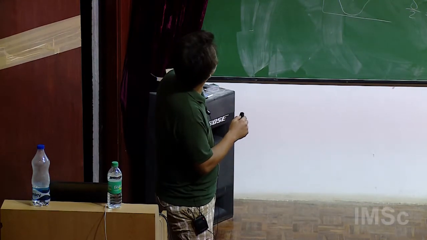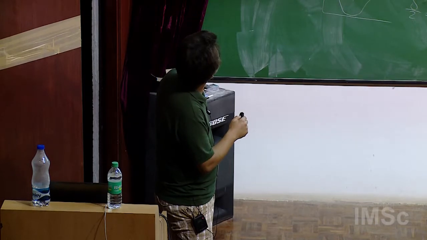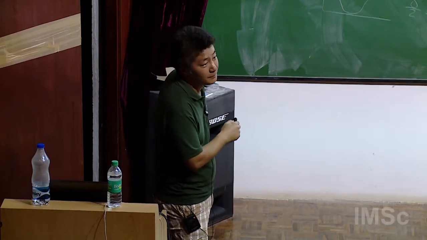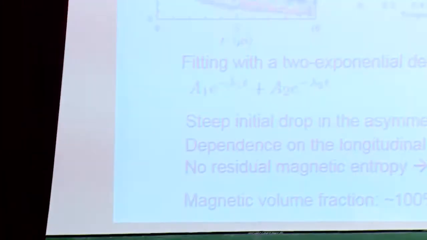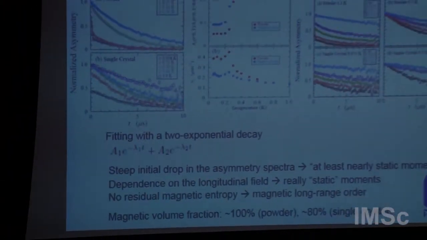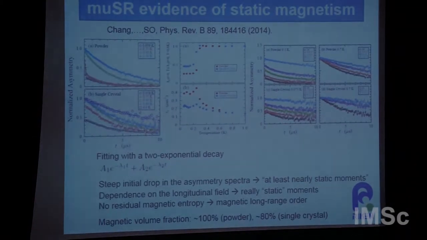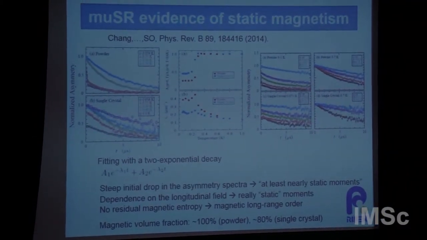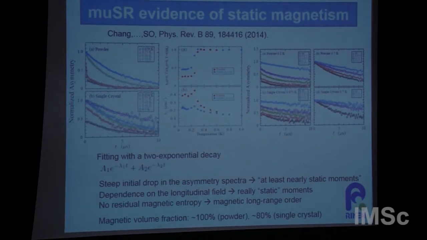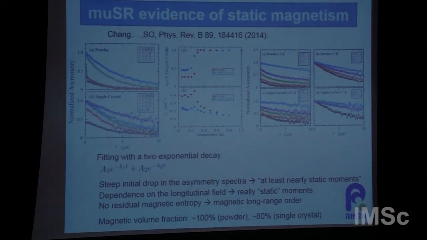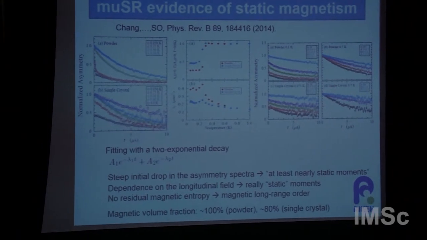So at least we can take this initial drop seriously. And this is nothing but evidence of the formation of local moments, and that is for sure. And for this part, I don't know. Maybe they took data so they wanted to show it. Sorry, but I'm not the right person to ask that question.